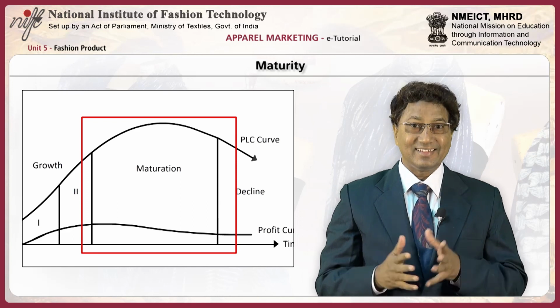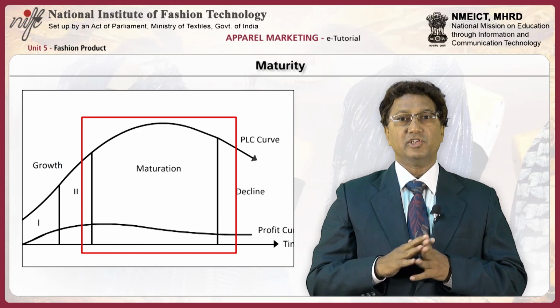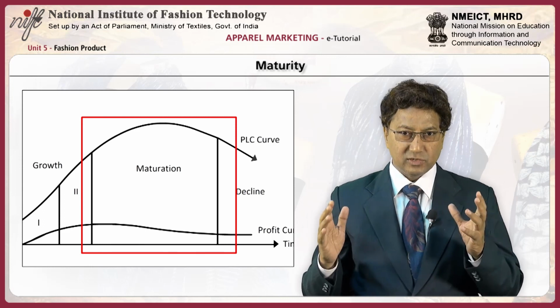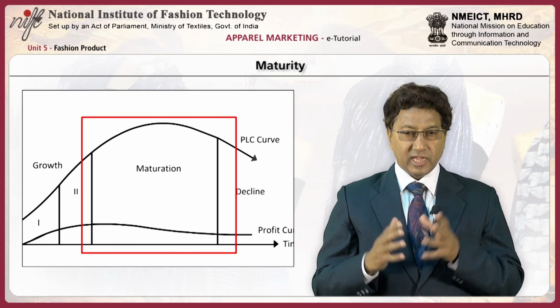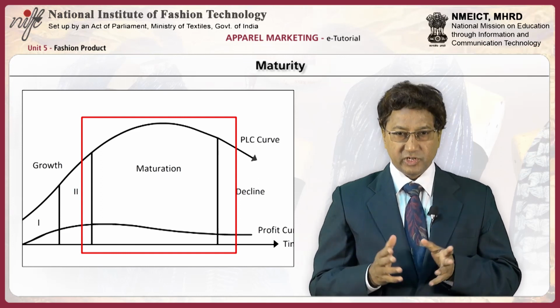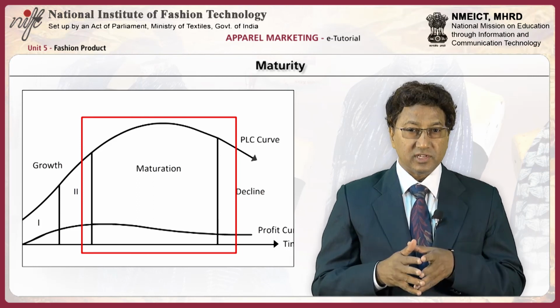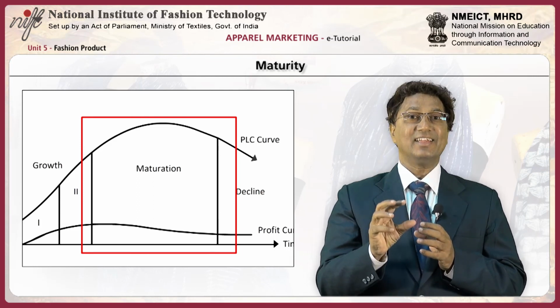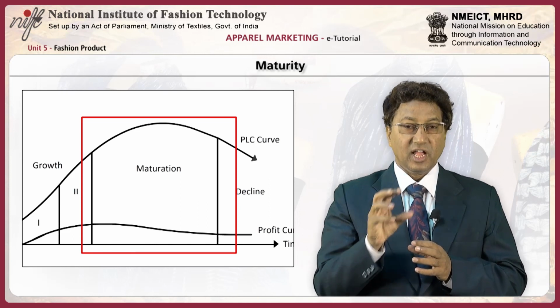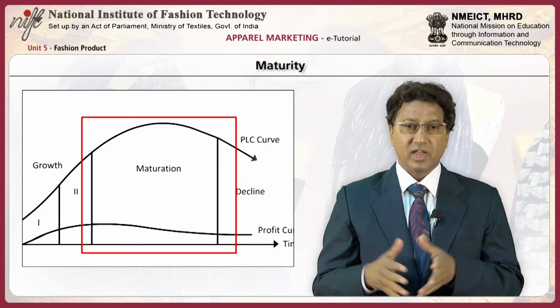Competition is intense and prices begin to fall to appeal to a very large market and to gain a larger market share. Distribution is wide and promotional focus is on strengthening of fashion, which has already received acceptance by the mass market.